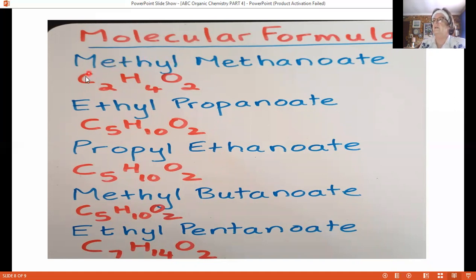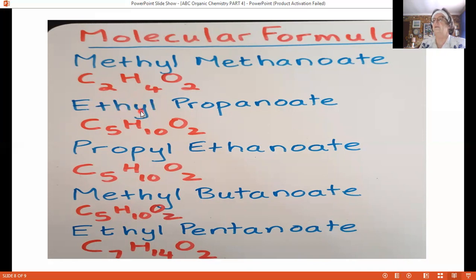Now, before you look at the molecular formula in total, if you look at the hydrogens here, let us look at C2. So it's 2 times 2 is 4, like we said. So if you would put in C3, it will be H6.